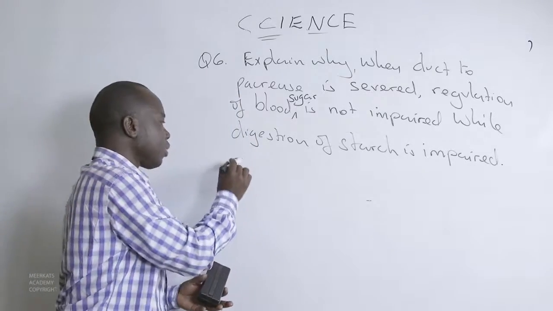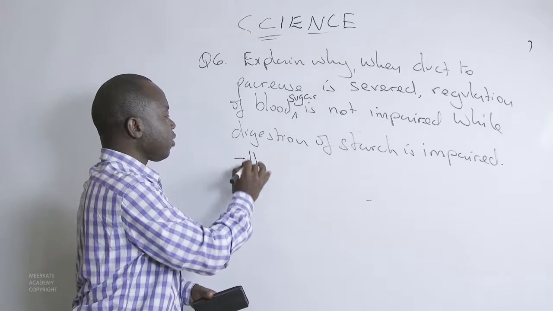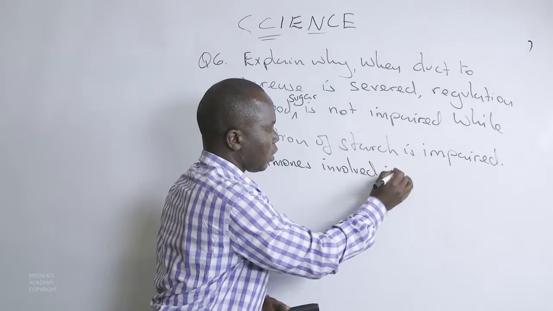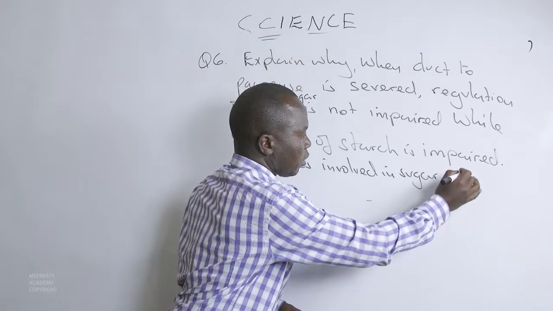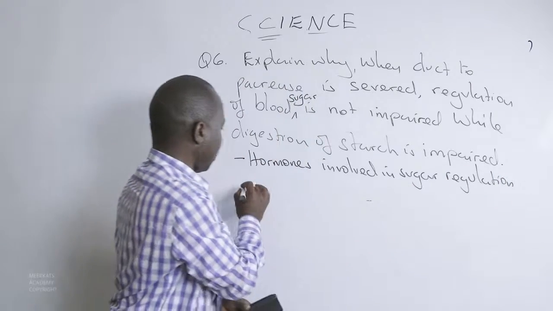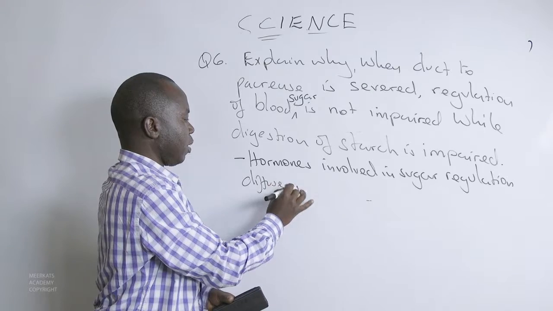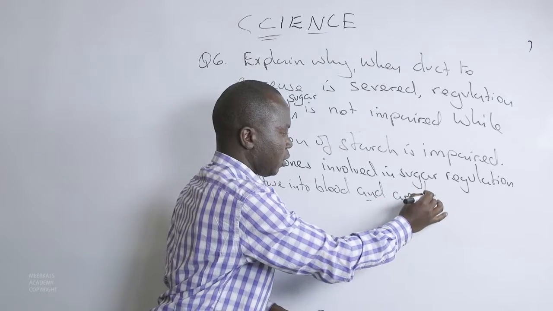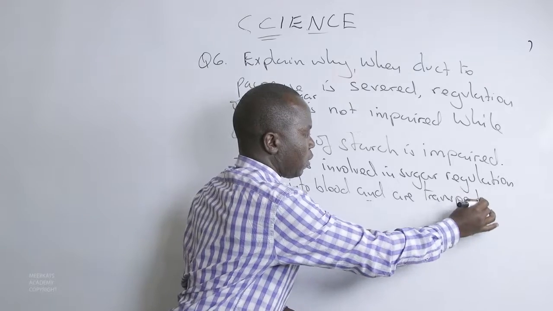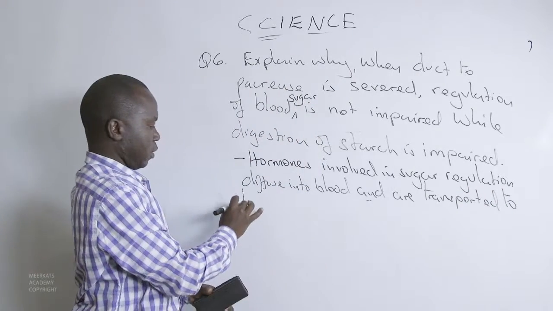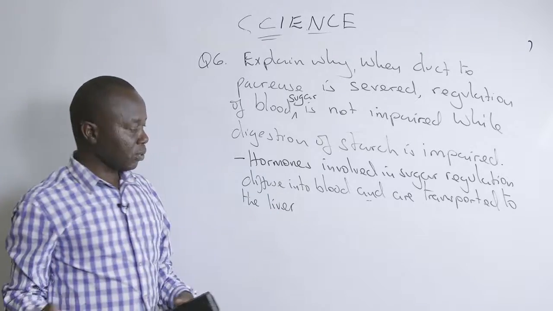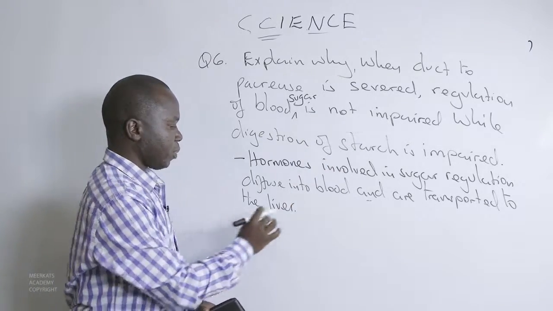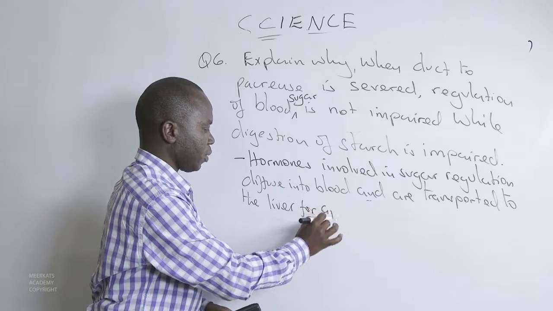As a note, we say hormones involved in sugar regulation diffuse into blood and are transported to the liver, where they cause the action, for an appropriate response.